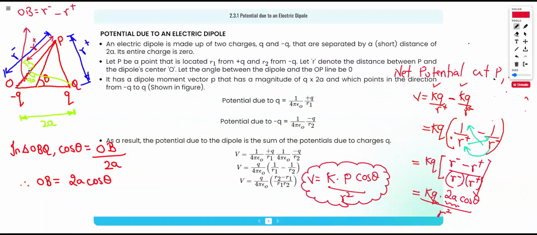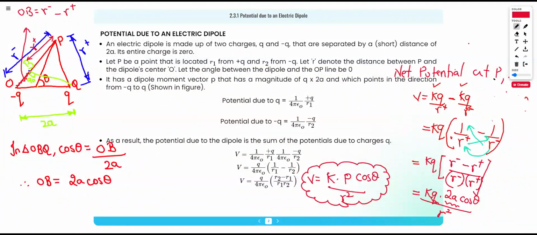Everywhere we are using K as a constant, in stiffness, in charges. What is this K known as? Anyone? The value of K is 9 into 10 raised to 9.